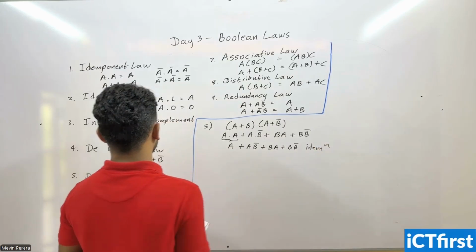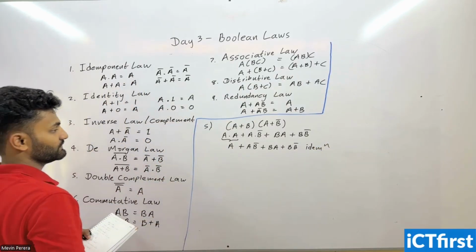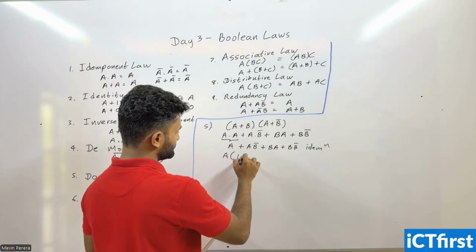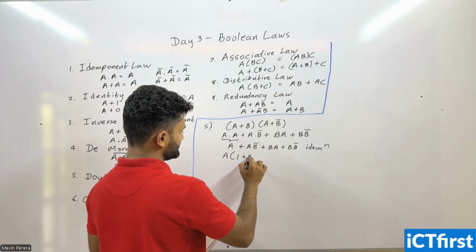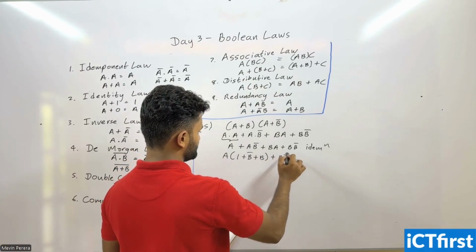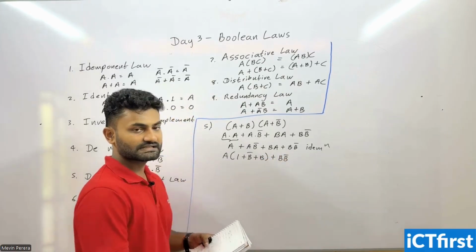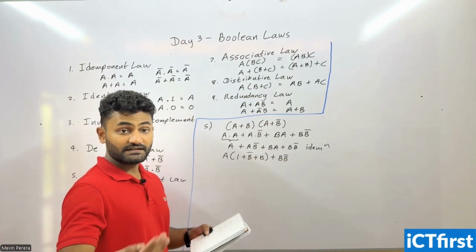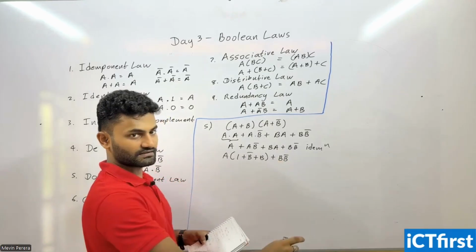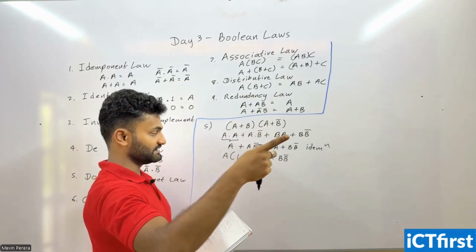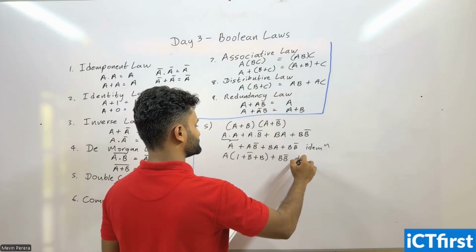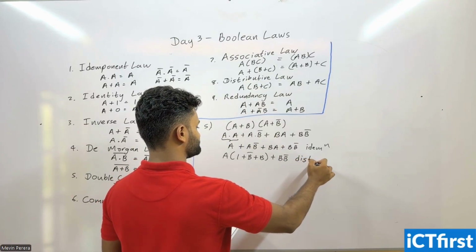Idempotent law, right? Now I'm taking A out. Taking A out, we get 1 plus B bar plus B plus B dot B bar. Now you all know that B dot B bar is 0. But don't write that as 0 here, because that is a different simplification. So this one is distributive.